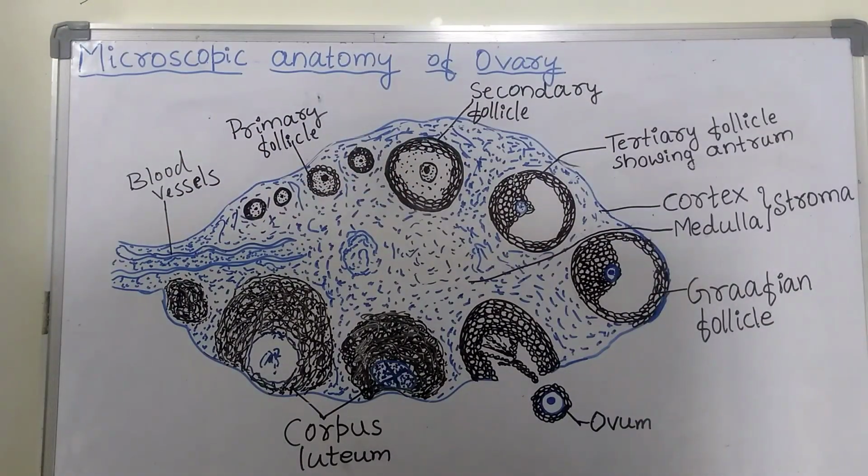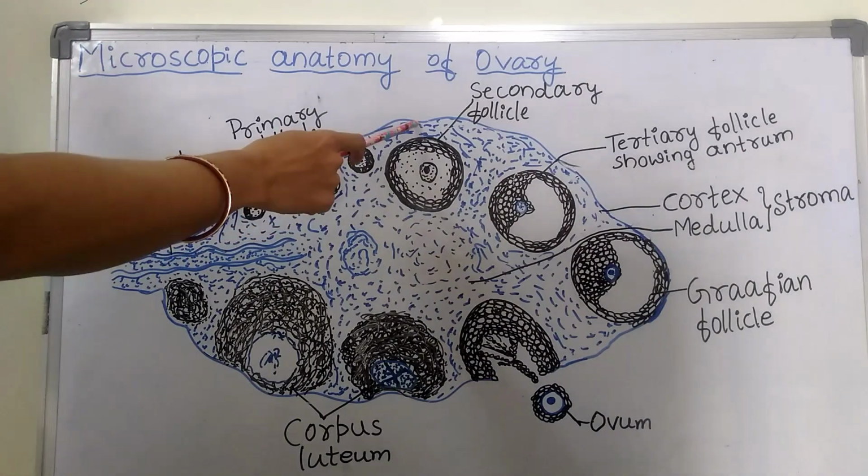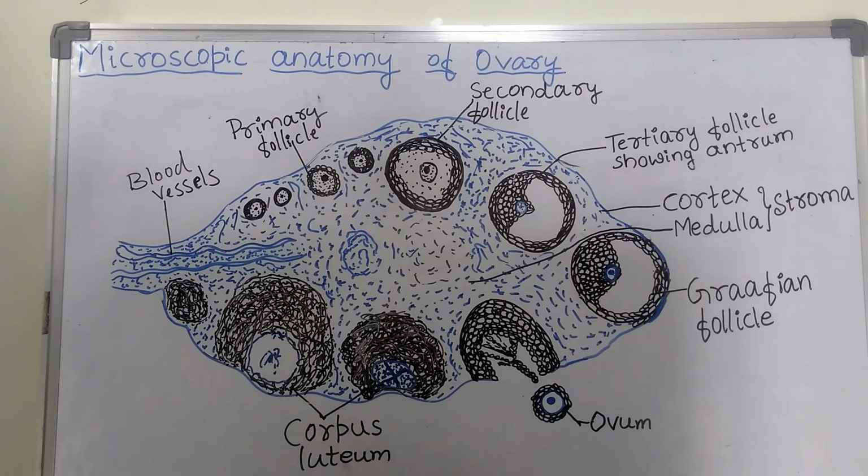At birth, in females, the ovaries contain around 1 million germ cells, but only about 400 germ cells reach full maturity during the active reproductive period.